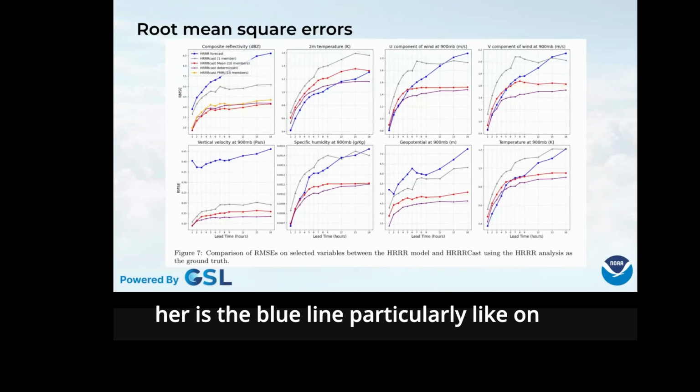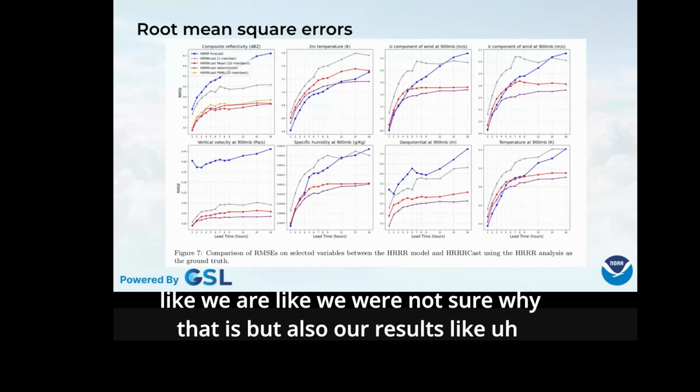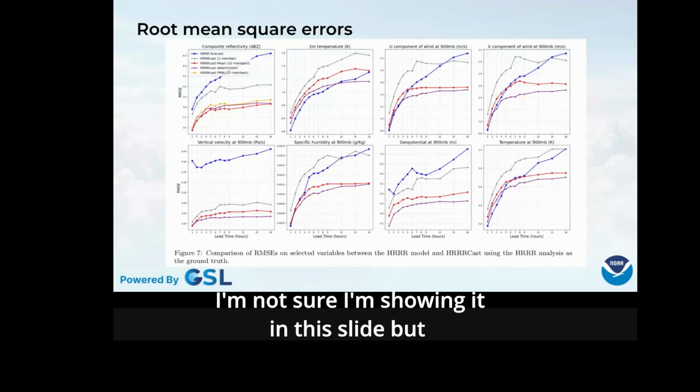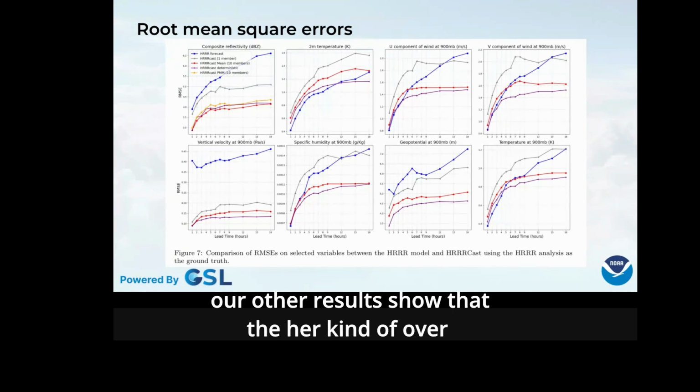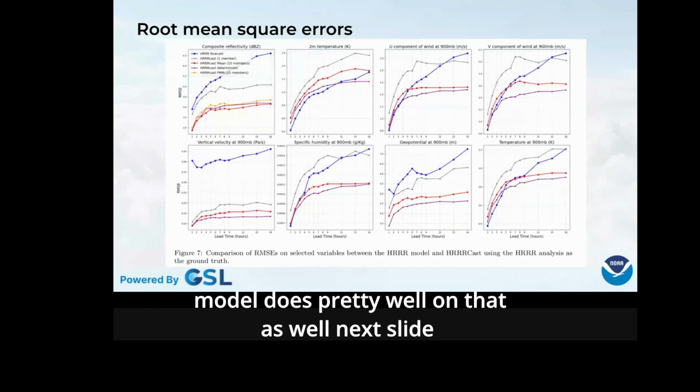And HRRR is the blue line. Particularly on vertical velocity, HRRR is not doing that well. We were not sure why that is, but our other results, though I'm not sure I'm showing them in these slides, show that HRRR over predicts vertical velocity as well. So our model does pretty well on that.